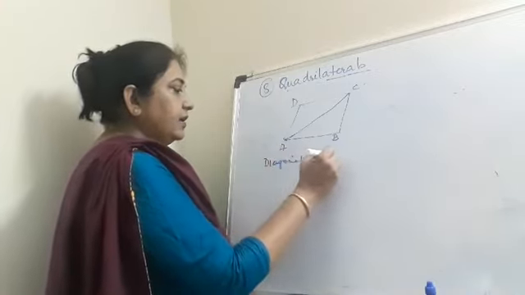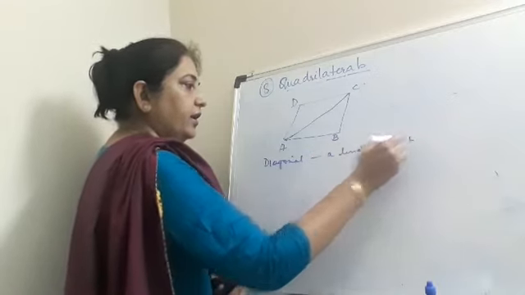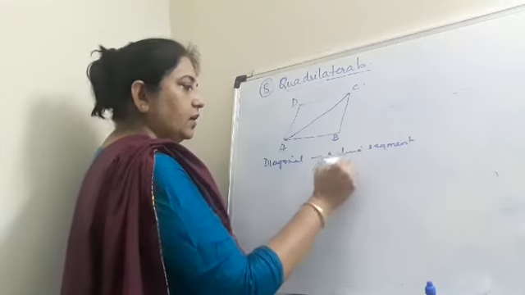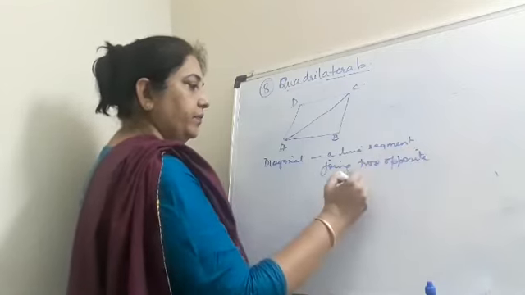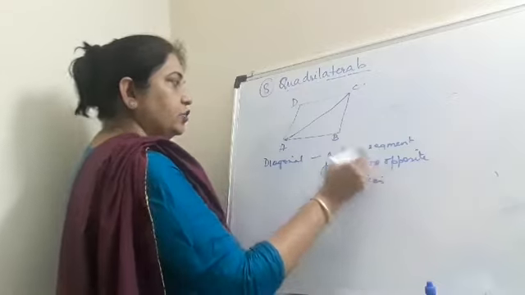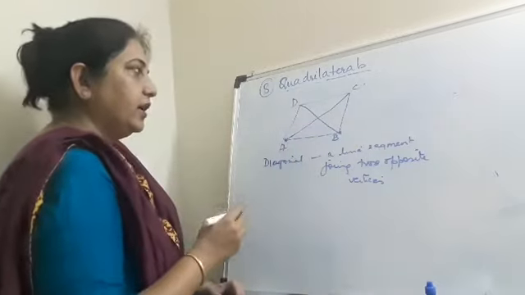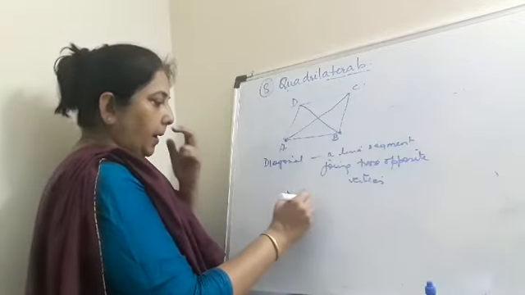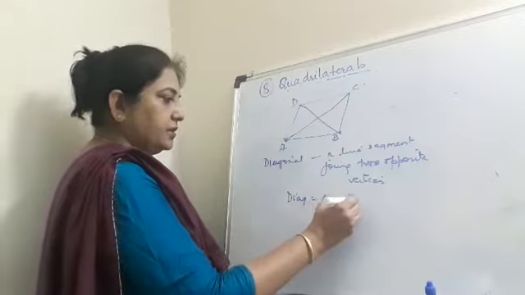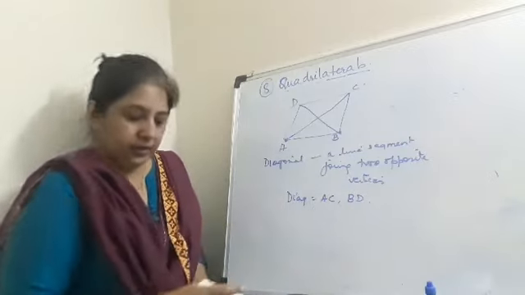A diagonal is a line segment joining two opposite vertices. If I join B and D, I will get another diagonal. So there are two diagonals in a given quadrilateral: AC and BD.